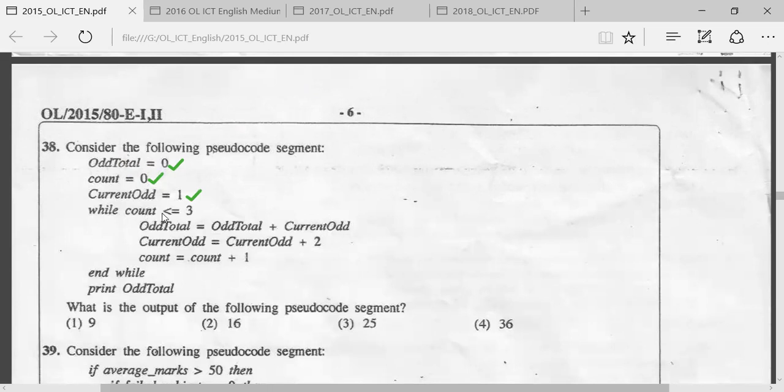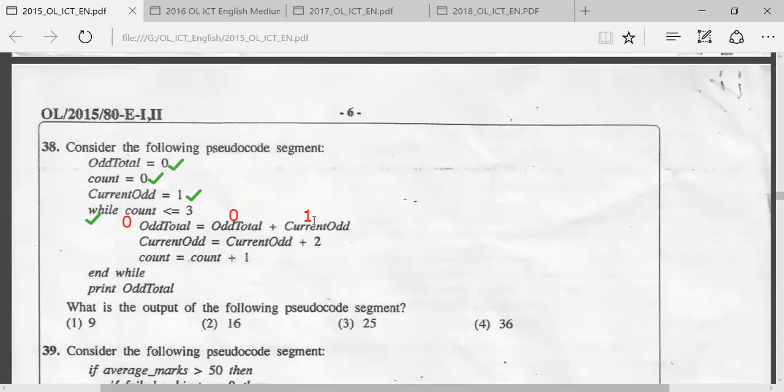So while count less than or equal 3, right? Count is 0. So 0 less than or equal 3, while loop will be executed. Odd total equal odd total plus current odd. Odd total is 0. 0 plus current odd, it is 1.